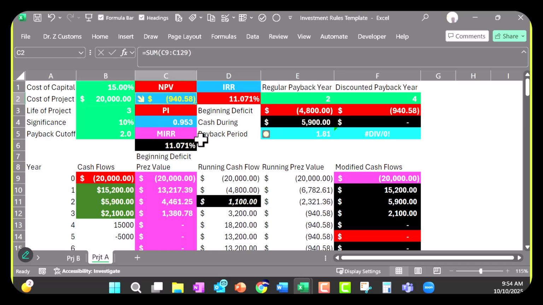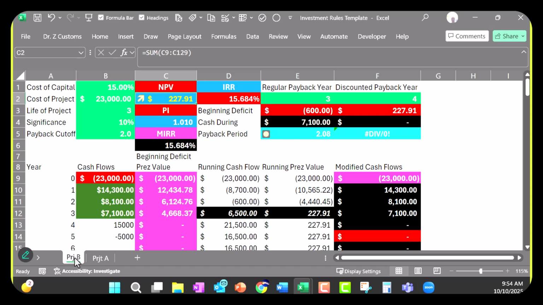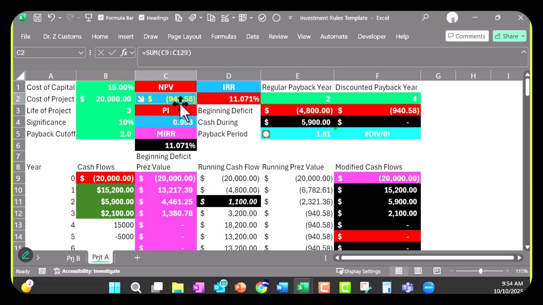A has an NPV that is negative. So if I'm ranking, I'm going to go with project B, correct? Because you choose the project with the highest NPV provided it's positive. Project B has 227. Project A has negative NPV. So you would go with project B.